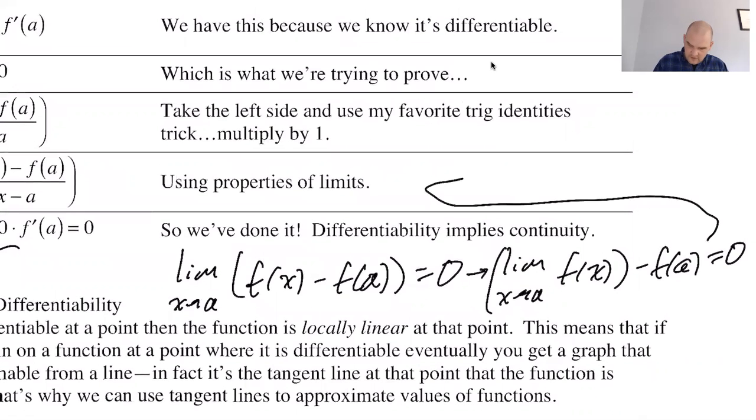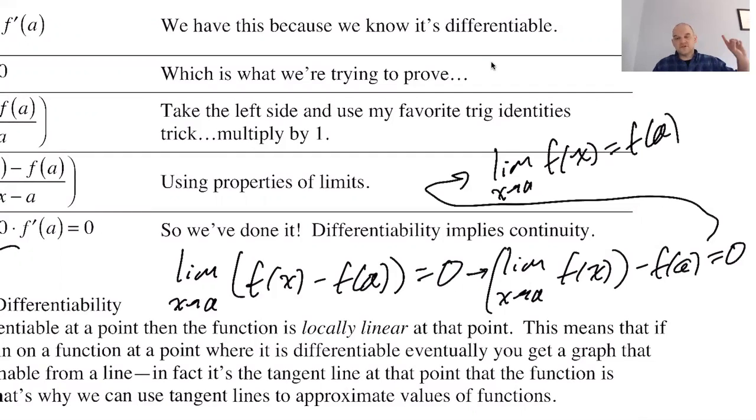The limit as x approaches a of f of x equals f of a. I think this is the most important thing you actually get out of this proof: there's another bizarro way of writing continuity. You're saying if the limit as x approaches a of f of x equals f of a, then they both must exist, which means f of a exists, the limit exists, and they're equal.